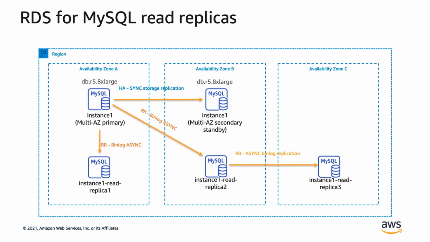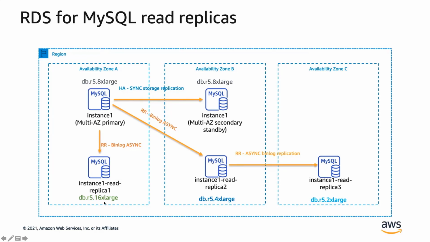And another important point here is, as we talked about before, in a multi-AZ configuration, you will have the same compute resource sizes. But with read replicas, you can have different instance compute sizes as you require.